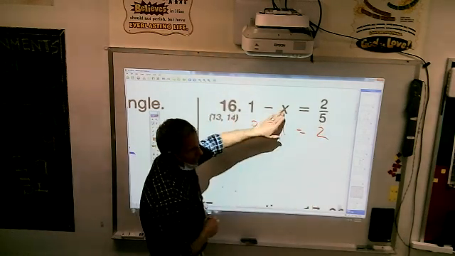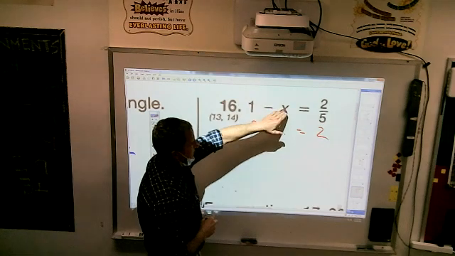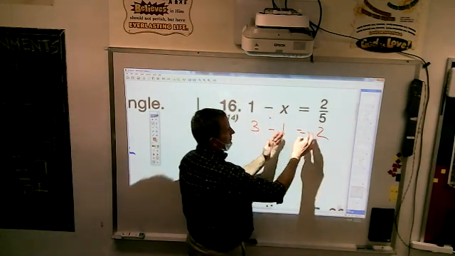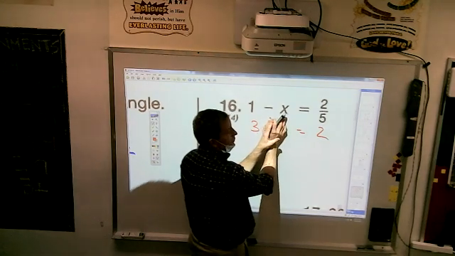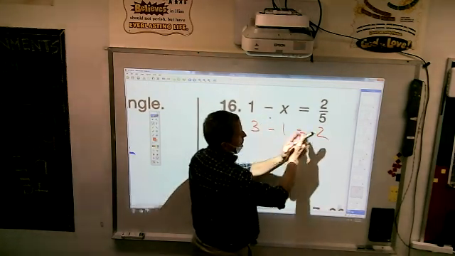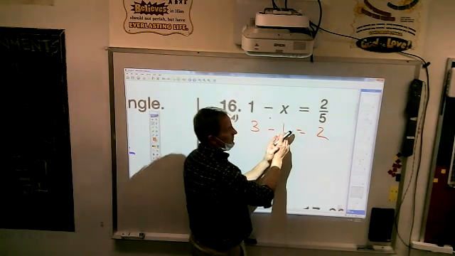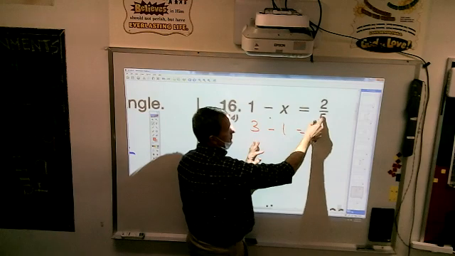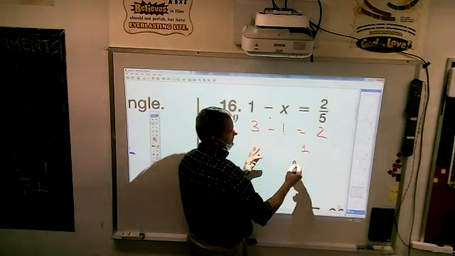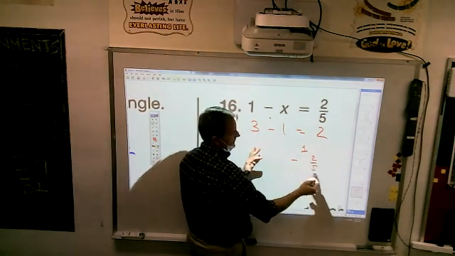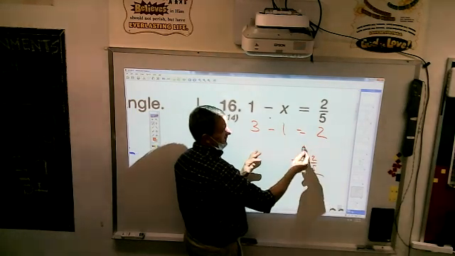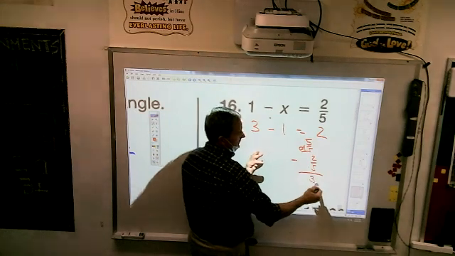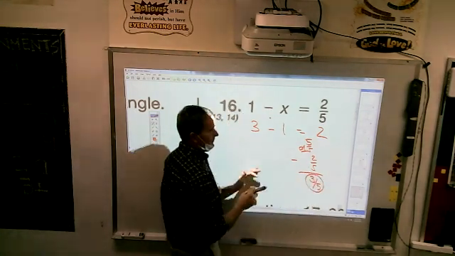So I am missing the middle, x is the middle number. If I was missing the middle on the one I knew, what do I do with 3 and 2 to get 1? Subtract, and that's what you're going to do here. You subtracted the 2 from the 3, so I'm going to take the 2/5 away from 1. What is 1 minus 2/5? Well, you need to make 1 a fraction, so it ends up being 5/5. And 5/5 minus 2/5 would be 3/5. That is kind of a tougher problem.